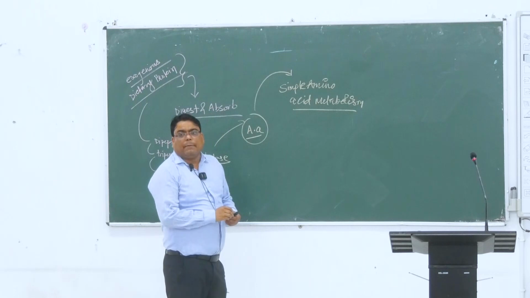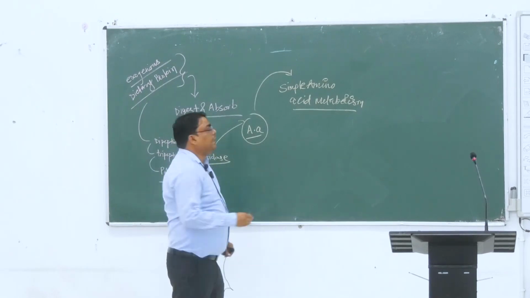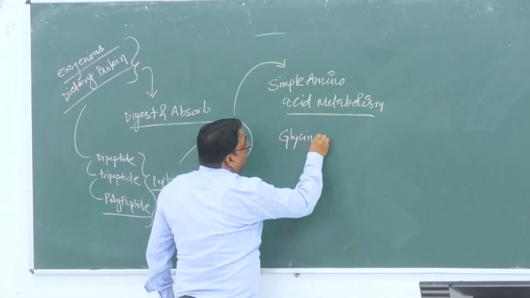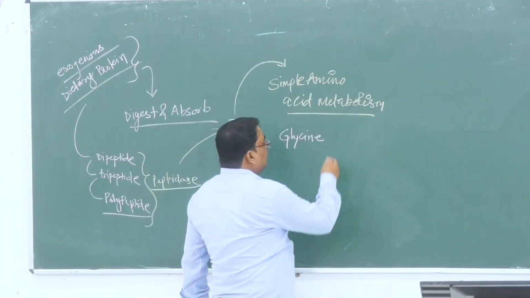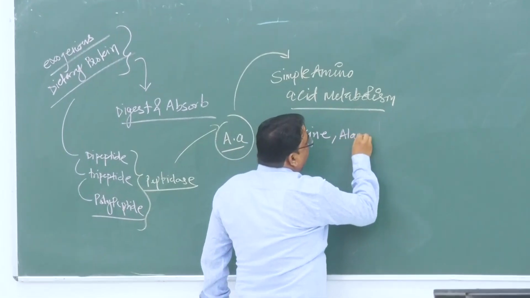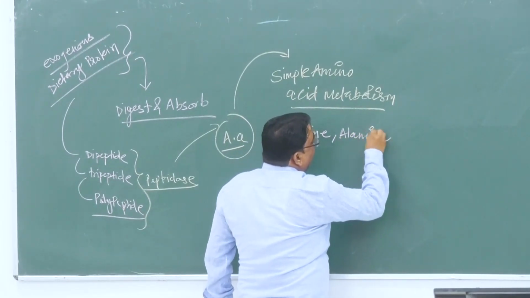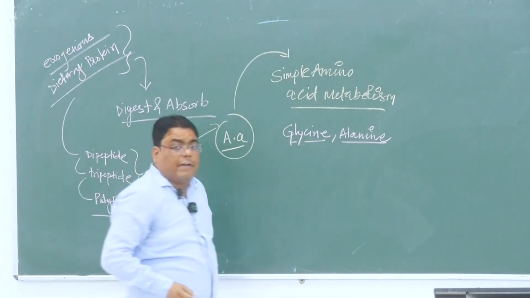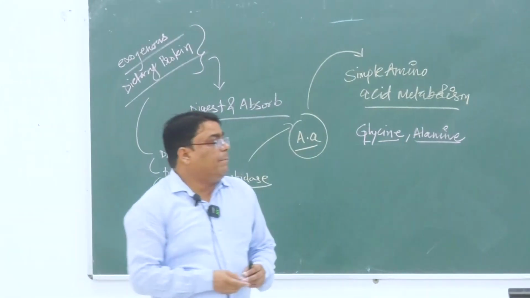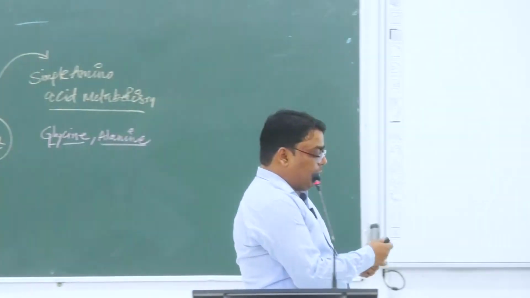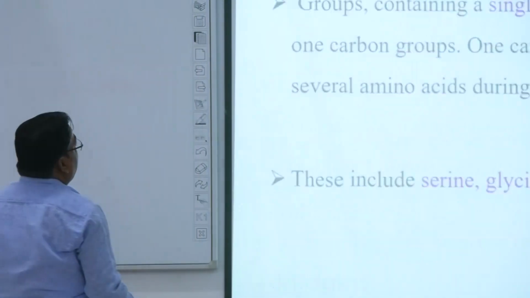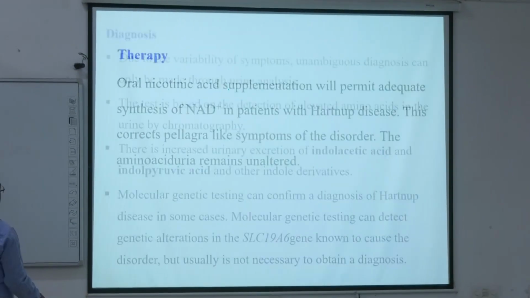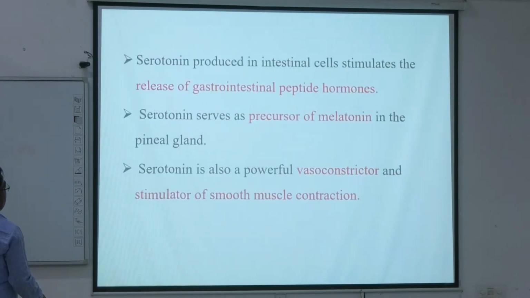Now amino acid metabolism, that is glycine and alanine. Glycine is a very important amino acid.